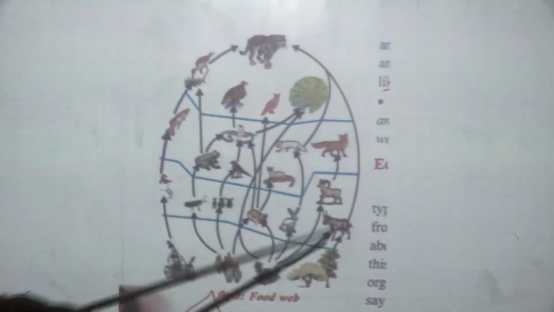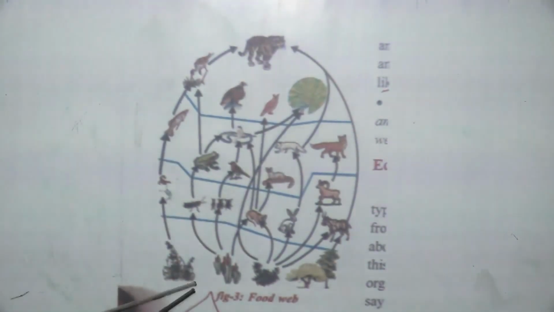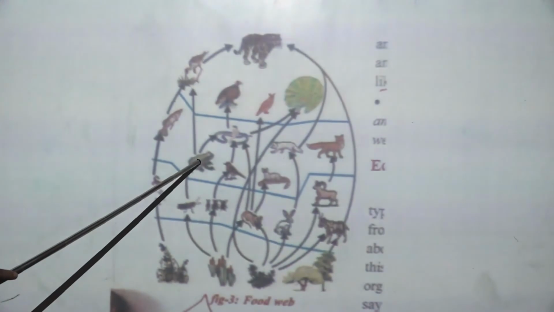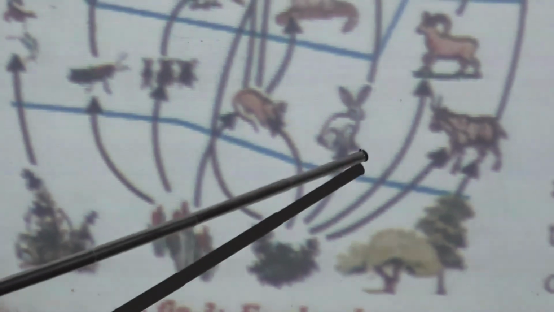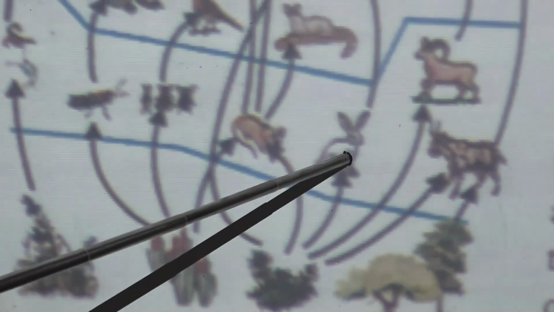This kind of interlapping of the various food chains is called food web. And see the position of frog here. This is niche. See the position of rabbit here. This is niche. I already told you this is primary consumer. Primary consumer. These are the producers.